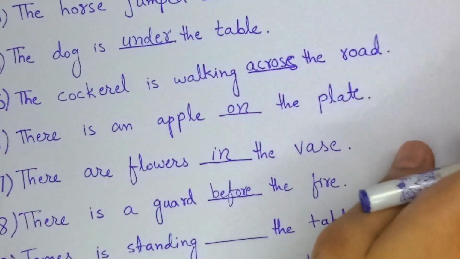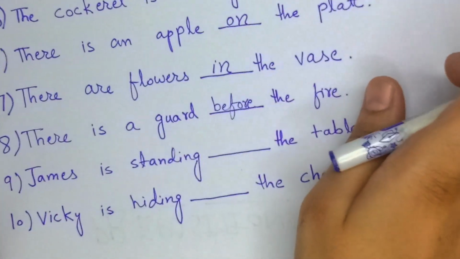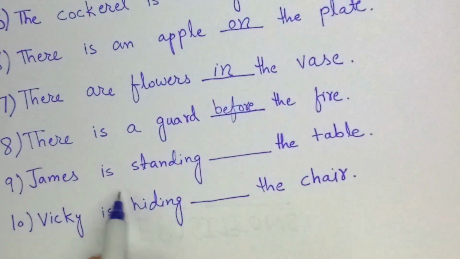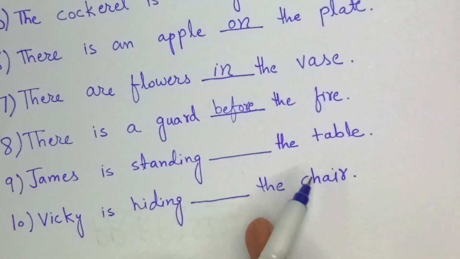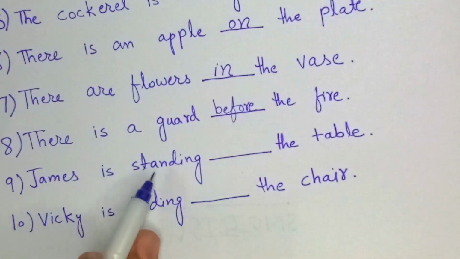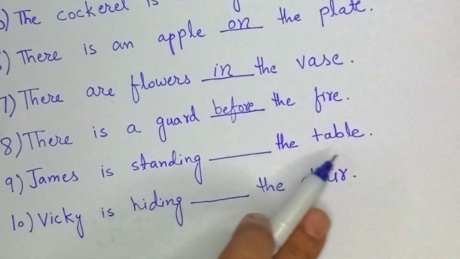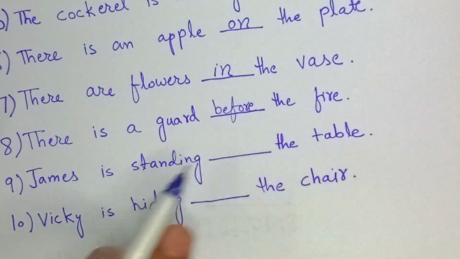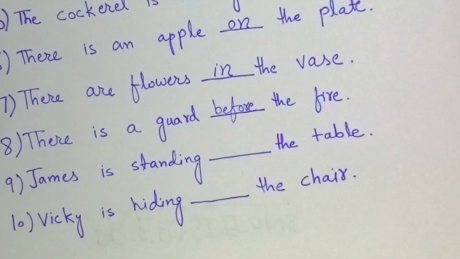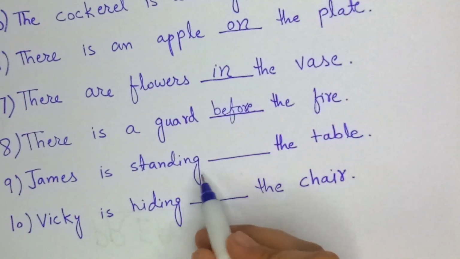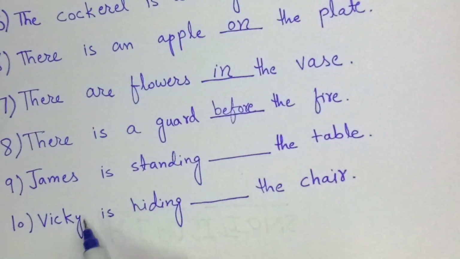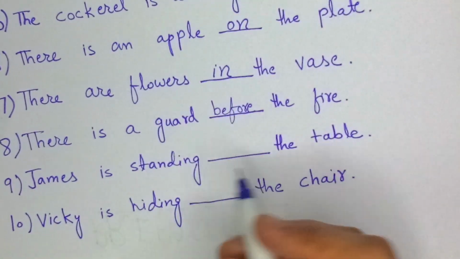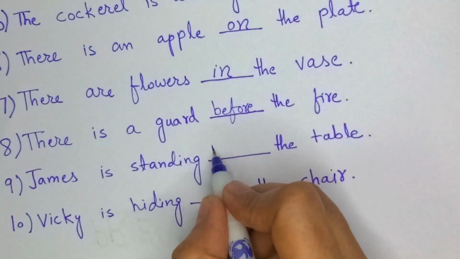So moving to the next, we have James is standing dash the table. James is standing off the table, James is standing over the table, or James is standing near the table. So what do you think, guys? Which preposition will fit here the best? James is standing near the table.